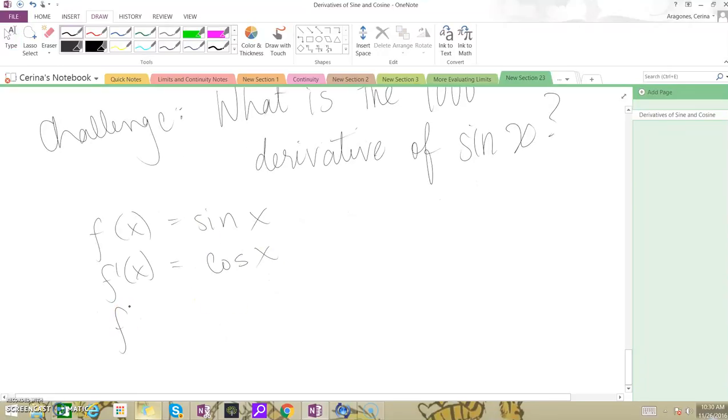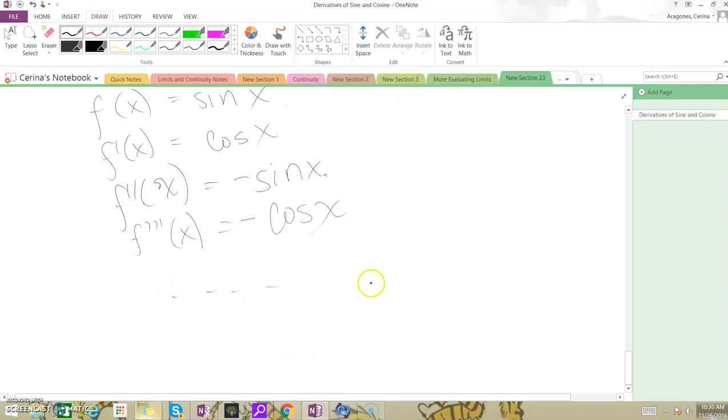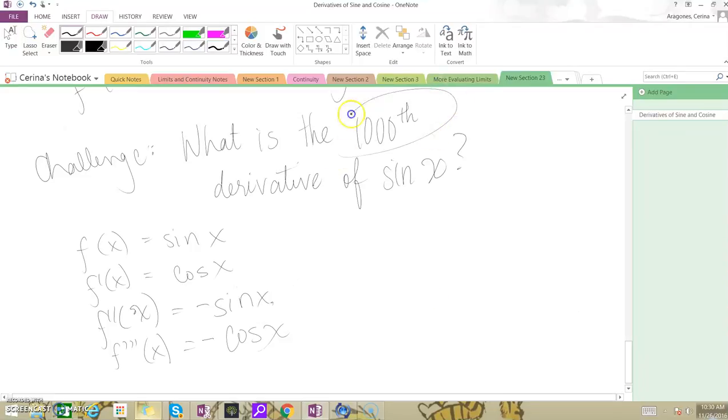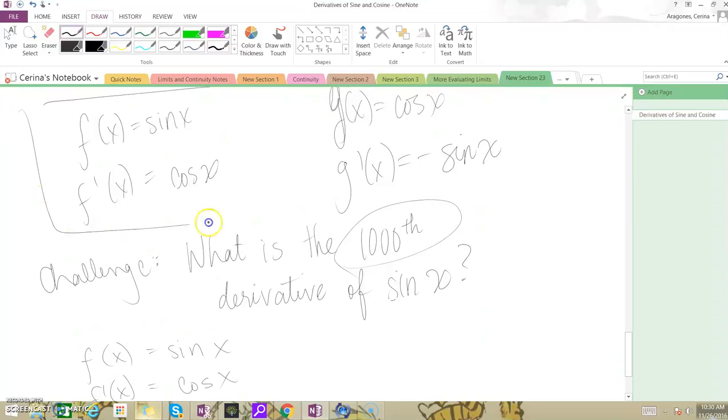Our second derivative is the derivative of cosine, which is negative sine. Then our third derivative is the derivative of negative sine, which is negative cosine. And so on and so forth. So see if you can find the 1,000th derivative of sine using these two properties right here.